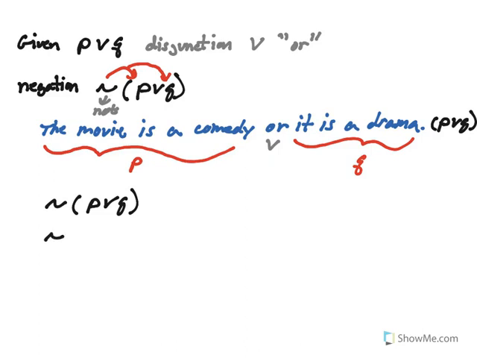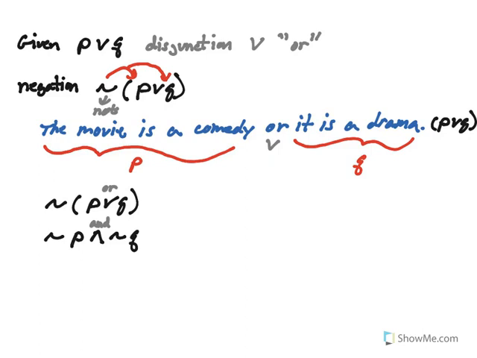Let me just rewrite it as this: not P and not Q. So when we distribute the not, the or, which is the V, changes to and. Remember, this or now becomes and, because that's logically equivalent, where the statement becomes not P and not Q.